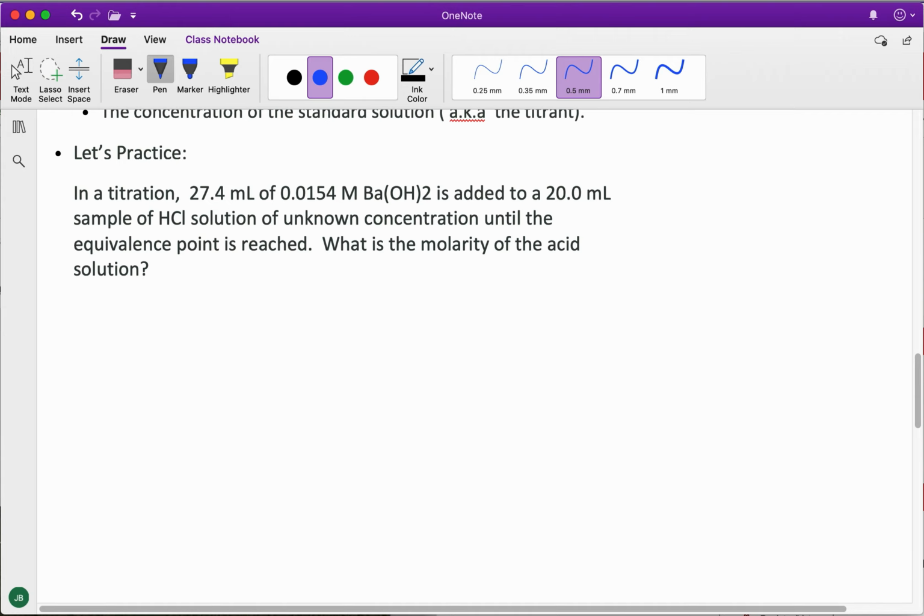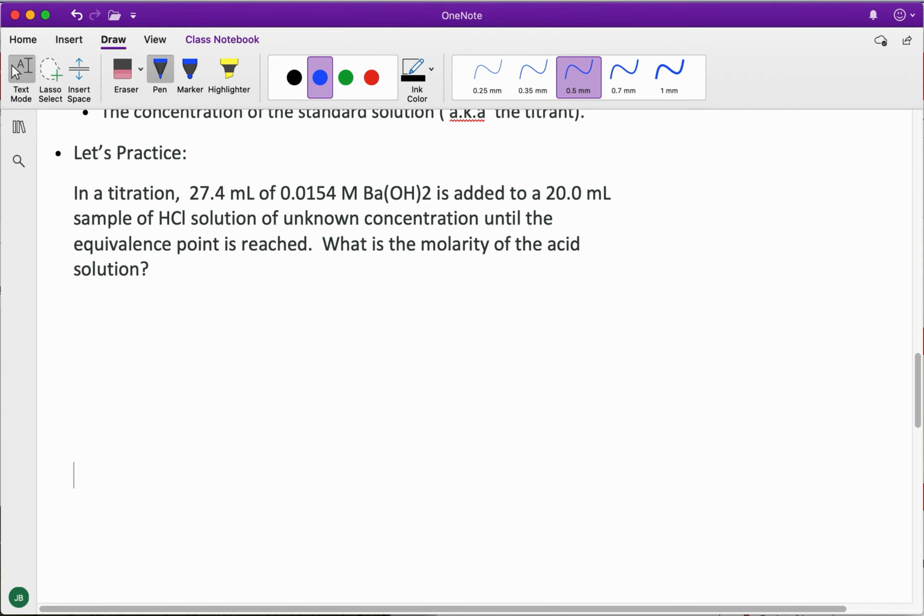In a titration, we have 27.4 mL of 0.0154 molarity barium hydroxide, and it is added to a 20.0 mL sample of hydrochloric acid solution. The hydrochloric acid solution is of unknown concentration, and we're going to continue to add that barium hydroxide until the equivalence point is reached.